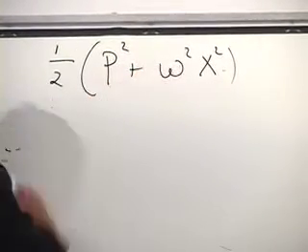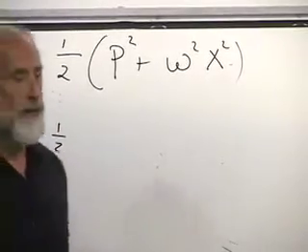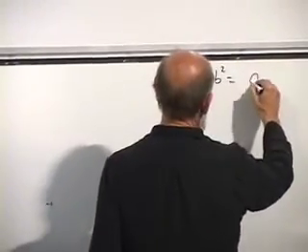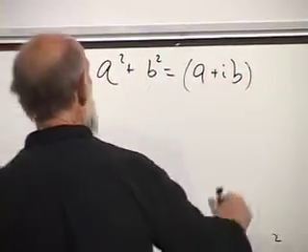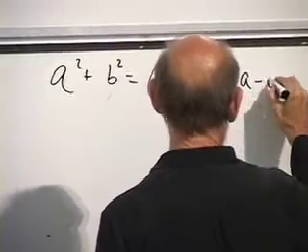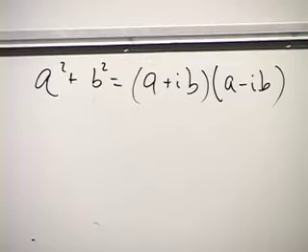This is the sum of squares. So we can rewrite this as 1/2, the sum of squares. I'm just going to use a squared plus b squared is equal to a plus ib times a minus ib. Now, do I have that right? Yeah, I have that right.